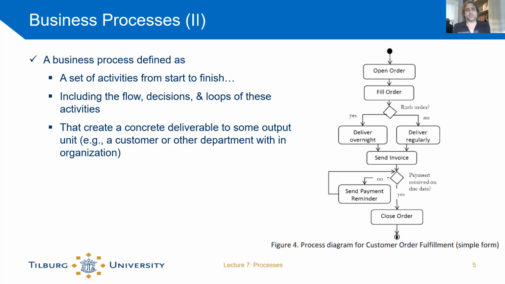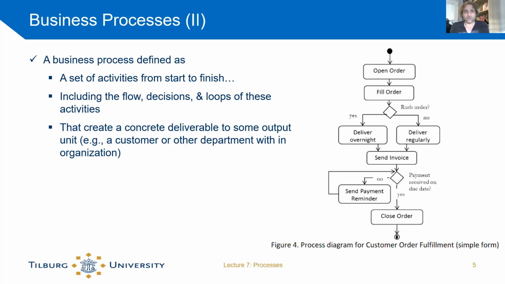And on the right, there is an example of a specific process. So we have a customer order. We get a customer order in from someone outside of the organization. We open that order. We need to fill that order. Is there a rush? No. Regular delivery? Yes. Overnight delivery. If that's done, we send an invoice.